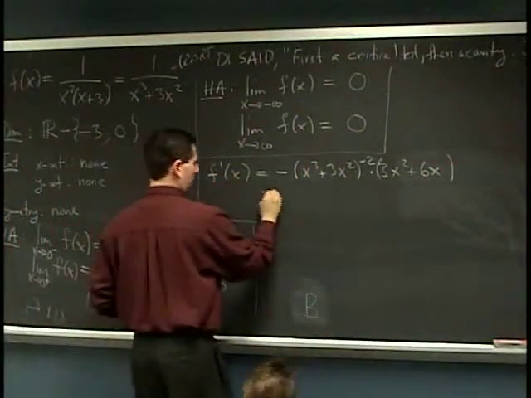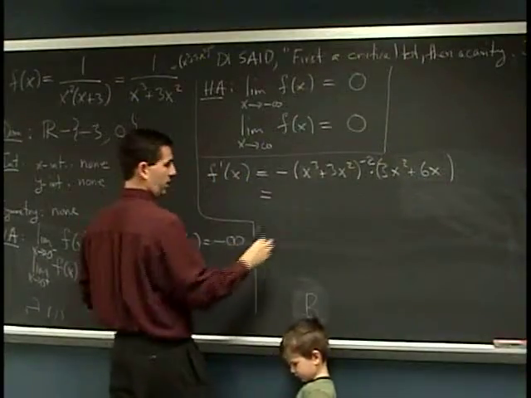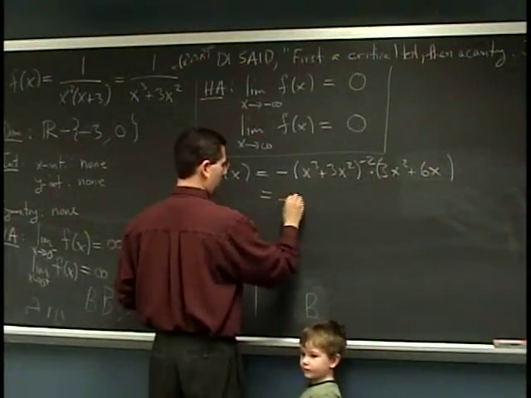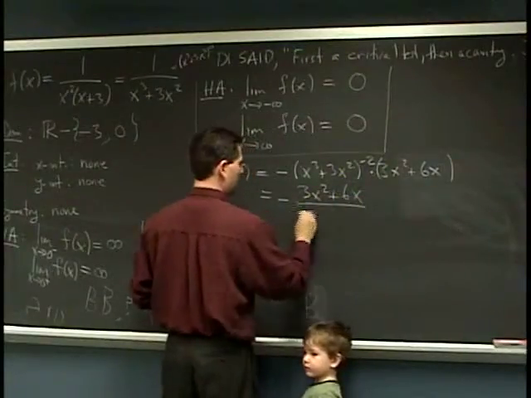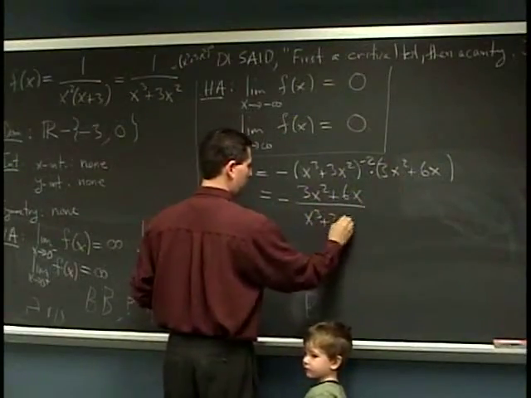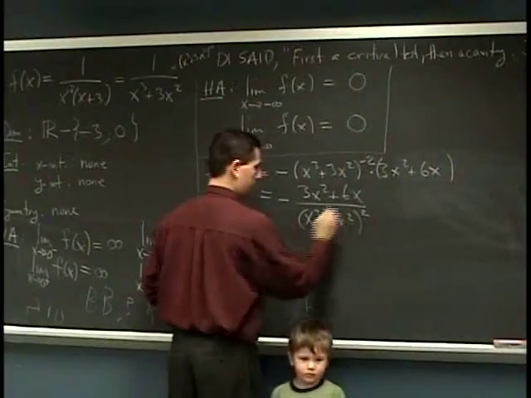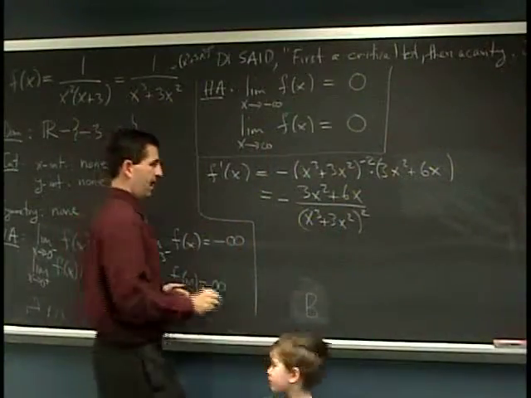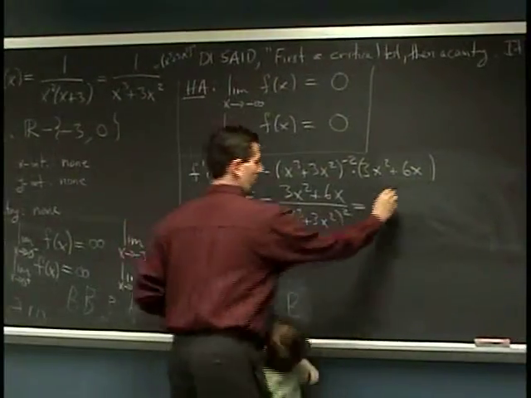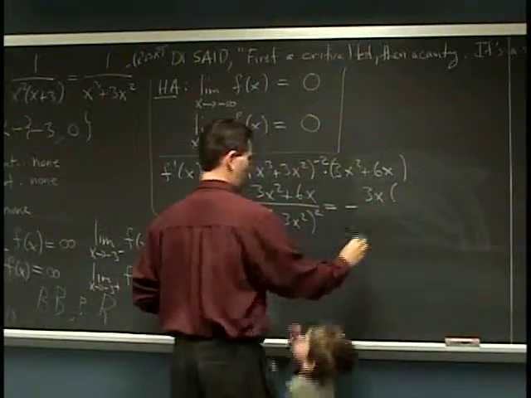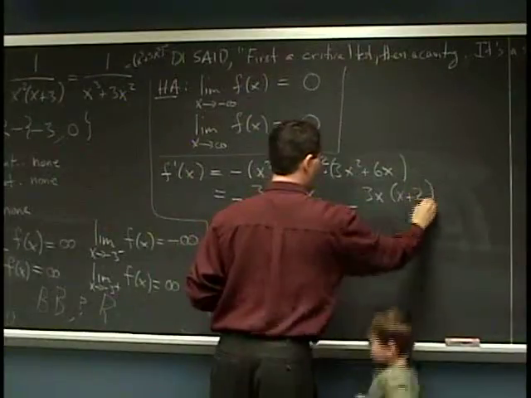If I want to rewrite it as a fraction again, it becomes negative 3x squared plus 6x divided by x cubed plus 3x squared, squared. Or if I factor, I can factor out a 3x, and I get x plus 2.